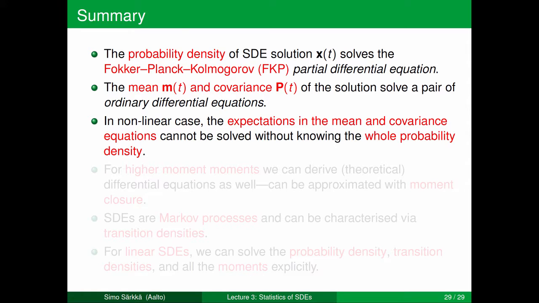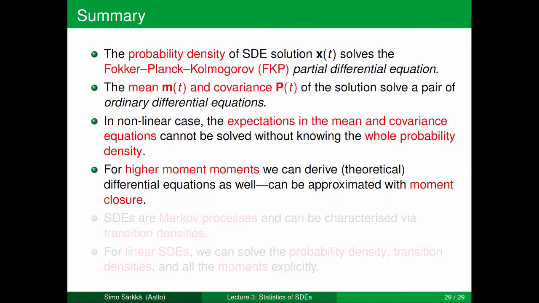In the nonlinear case, the expectations in the mean and covariance differential equations cannot be solved without knowing the solution to the Fokker-Planck-Kolmogorov equation, so they are not practical in that sense. For higher order moments, we can derive theoretical differential equations as well, and we can approximate them with moment closure.